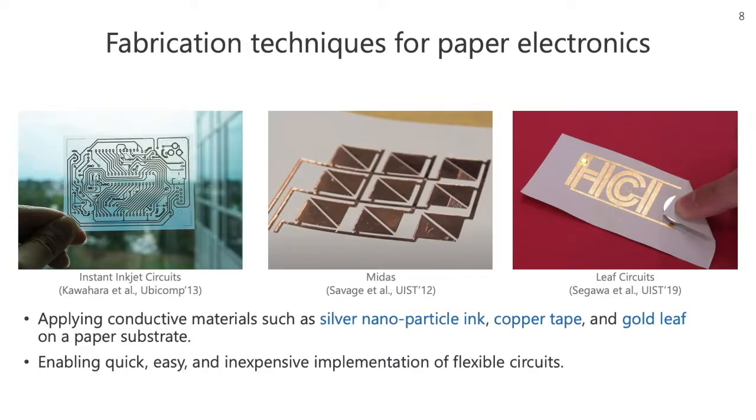Researchers have developed fabrication techniques to integrate interactive elements into substrates based on thin and flexible materials such as paper. In these techniques, circuits, sensors, and wiring are implemented by printing or pasting conductive materials such as silver nanoparticle ink, copper foil tape, and gold foil on paper substrates.